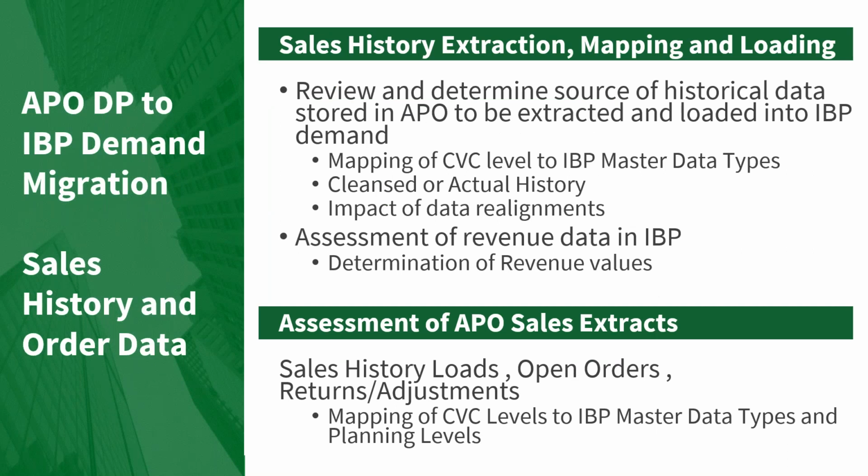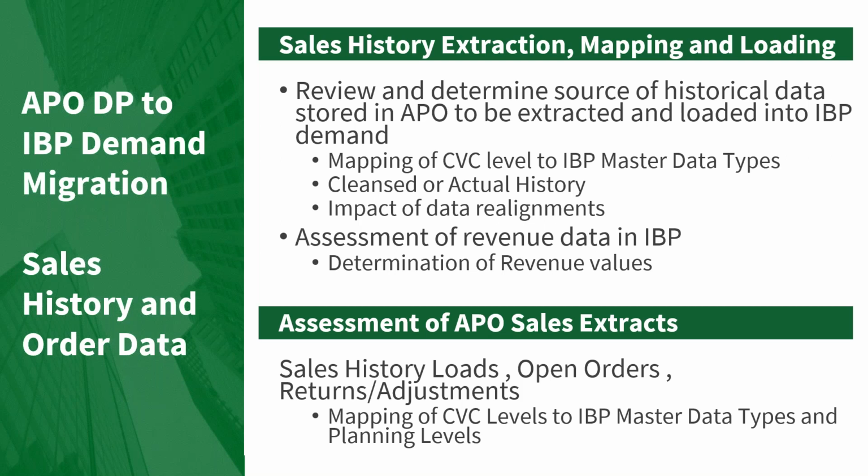And the next one, and this is kind of the big one, and it goes back to what we were talking about before: sales history extraction, mapping, and loading. You're going to have a different CVC structure, and your CVC structure was built for demand planning. You will have a completely different master data structure within IBP, even though it may be similar. So that's going to be a big chunk of work to review and determine the source of the historical data, where it's stored in APO, extract it, and load it into IBP demand.